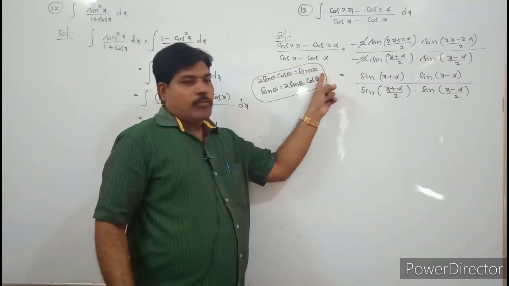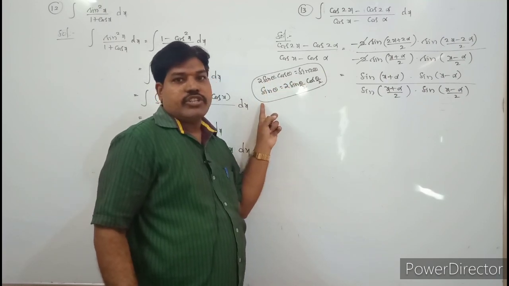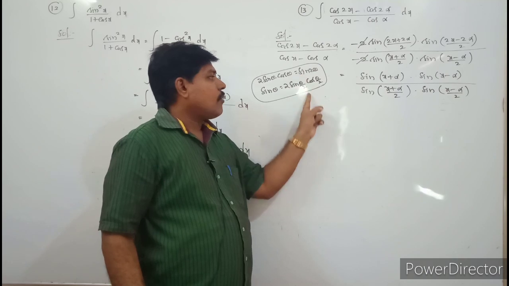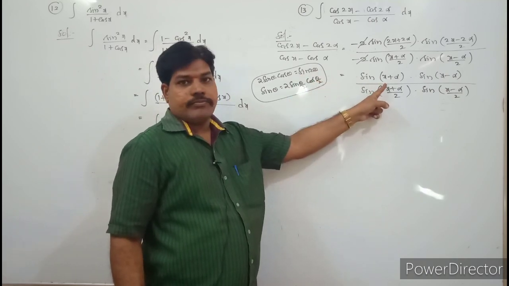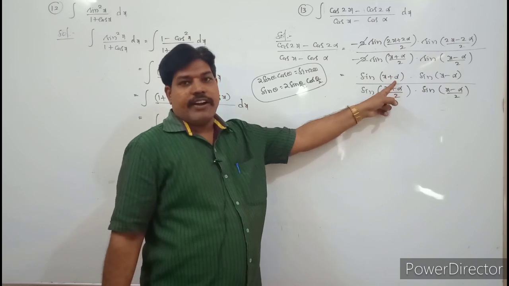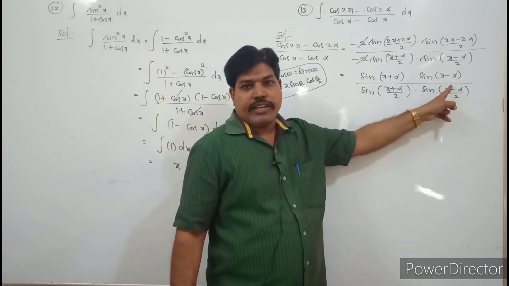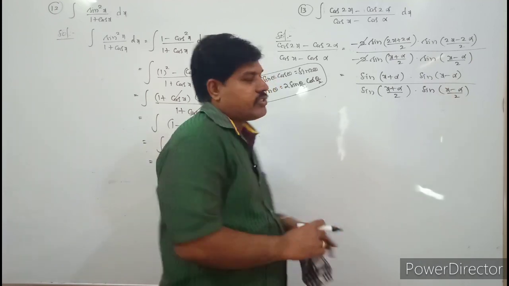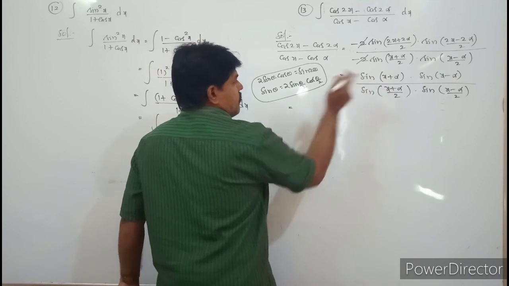I am going to use it in the numerator. It is a sin theta form, so I will write 2 sin theta by 2 cos theta by 2. It is also in the form of sin theta in the other term. What happens? Write down this formula at one side. First apply this formula for this one.